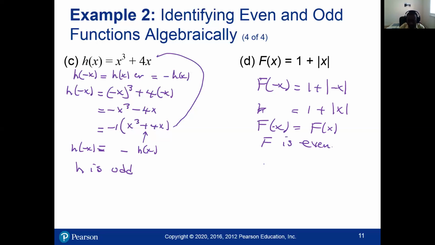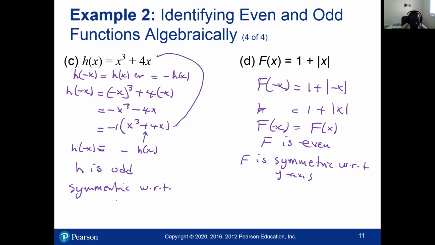Now, if it is even, in terms of symmetry we say that F is symmetric with respect to the y-axis, because it is even. H is symmetric with respect to the origin, because it is odd.